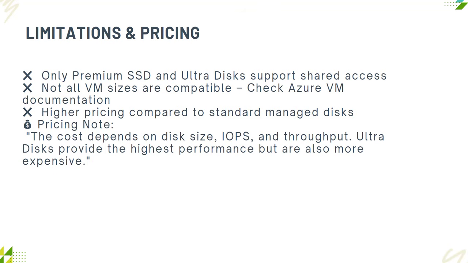The cost depends on the disk size, IOPS and throughput. Ultra Disk provides high IOPS performance, but it also gives a higher bill. So while implementing it in your environment, make sure you know the pricing implications too.